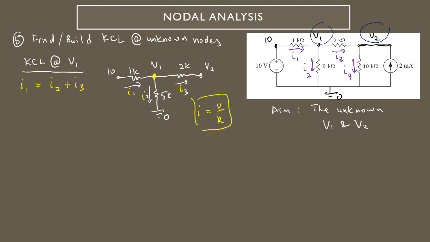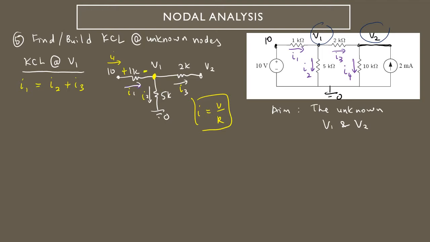Apply this rule. You have a voltage. So how do you know this? You need to apply the passive sign convention. Since the I1 direction is from left to right, the entering current to this passive element of 1 kilo ohm should have a positive polarity, and leaving this 1 kilo ohm should have a negative polarity.